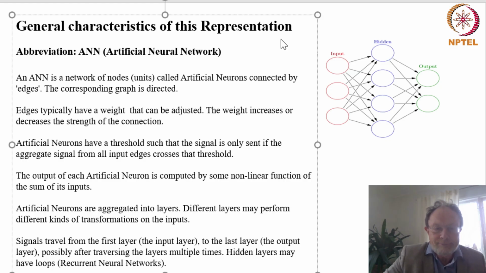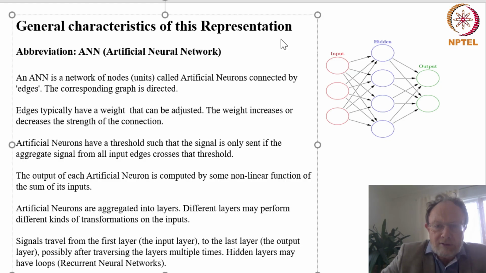But furthermore, before the signal leaves the neuron, the state of the neuron, as computed from the input, is also transformed by a nonlinear function. Furthermore, artificial neurons are aggregated into layers. So typically, units are sorted into layers, and there are many layers.